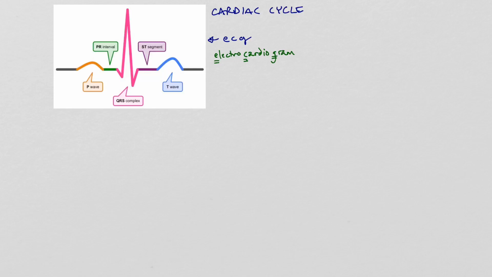So a gram is like a piece of information. Okay, so this is measuring the electrical activity of the heart, and it's giving us information in a visual way, which is why we can call it a gram, like a graph, not gram like in weight. Okay, think of like a telegram. You know, you guys send telegrams, right?